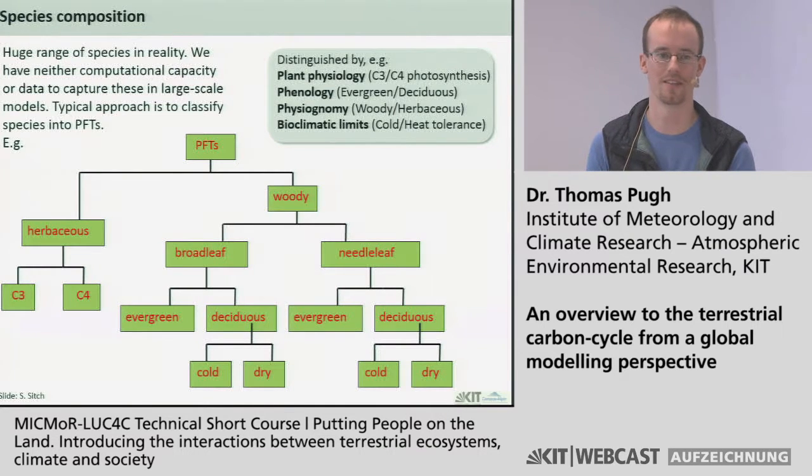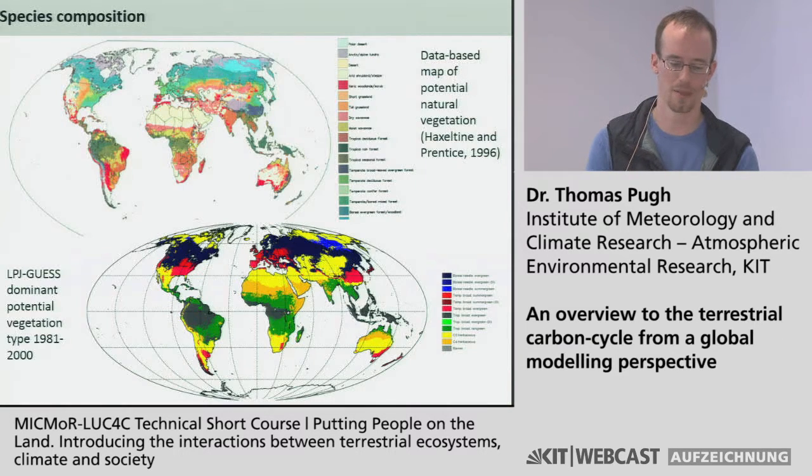And you can immediately see that there's a huge simplification there, and we can broadly get the general distribution of these plant types, but it raises questions of resilience, and there's a lot of evidence that if you have many different strategies in an ecosystem, many different species following different routes, then that ecosystem is more resilient than if you have one type, as we do in these models.